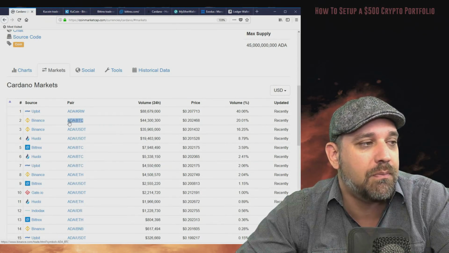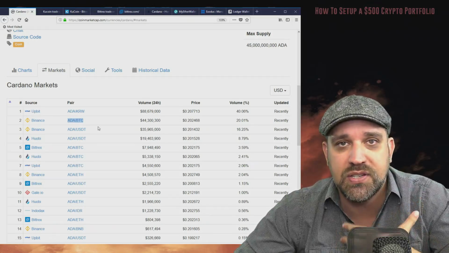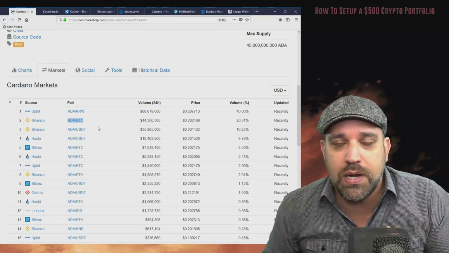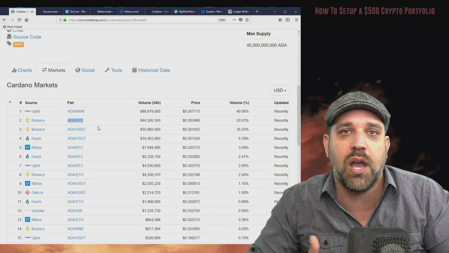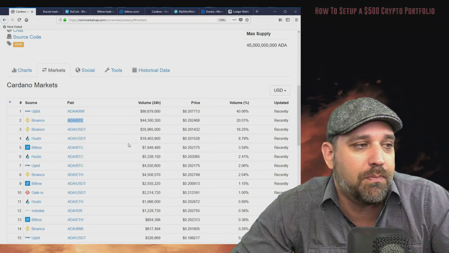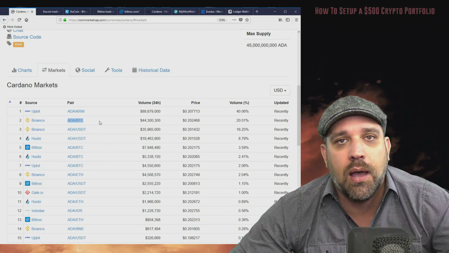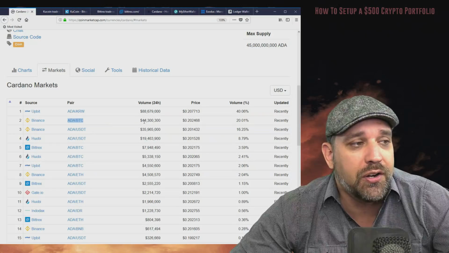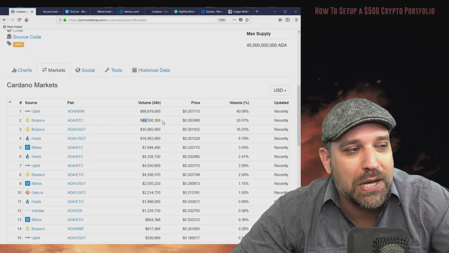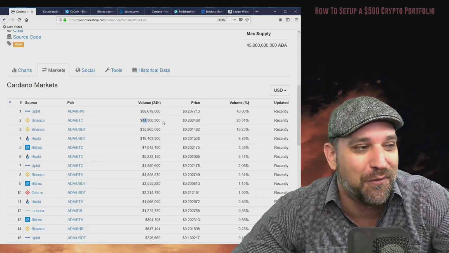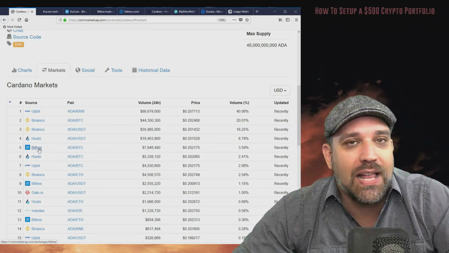But if I'm looking at strictly Bitcoin trading pairs, meaning I'm using my Bitcoin that I transferred from Coinbase to the Binance account to then purchase my Cardano, Binance is right now pretty much the biggest Bitcoin trading pair market available, at 44.3 million dollars in a given 24-hour period. However, Bittrex has a lot more trading pairs.